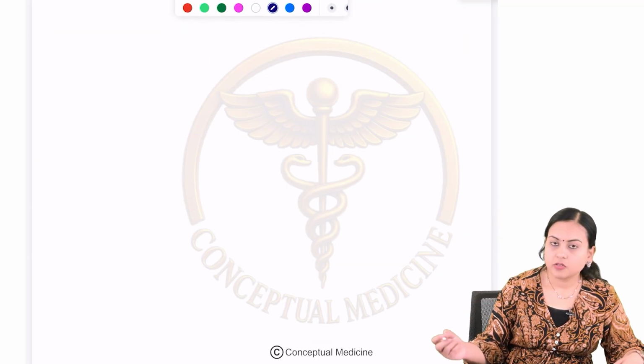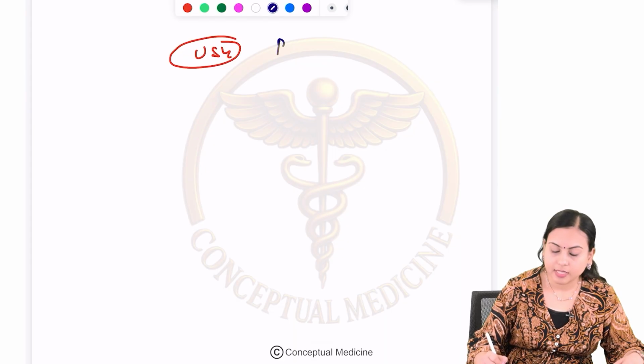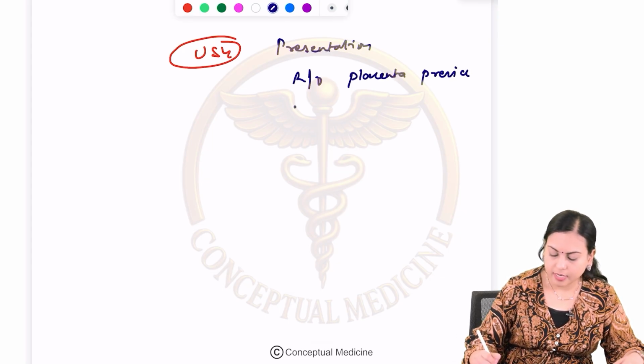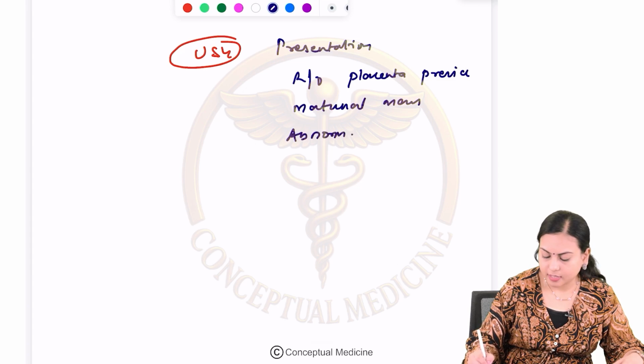It is mostly confirmed by doing an USG, where you will see the fetal presentation and rule out placenta previa, any maternal mass lesions, or any abnormalities in the fetus.